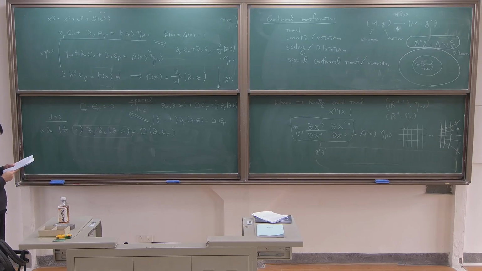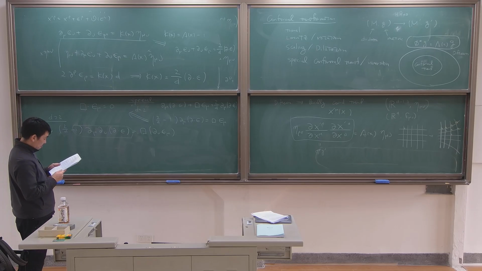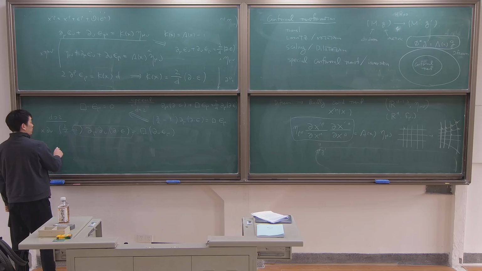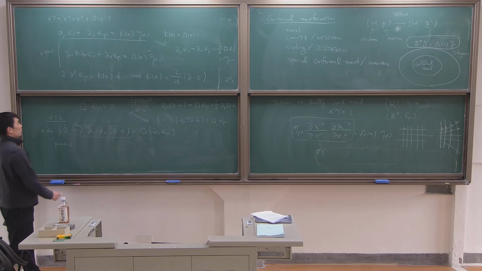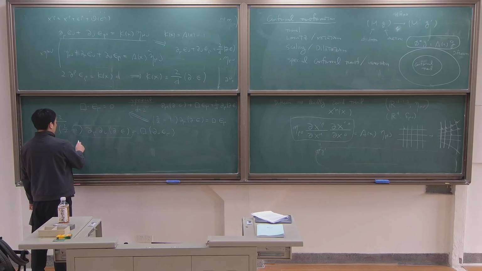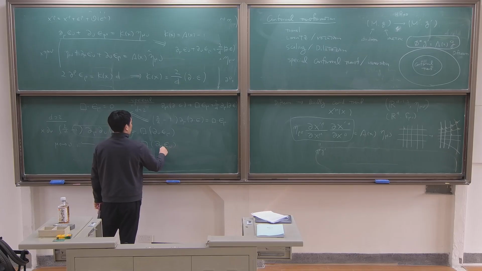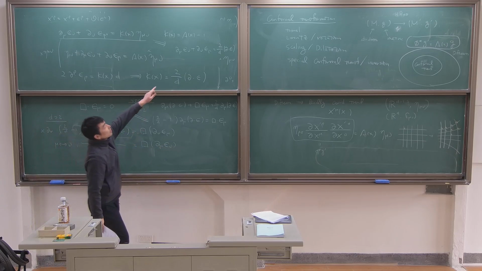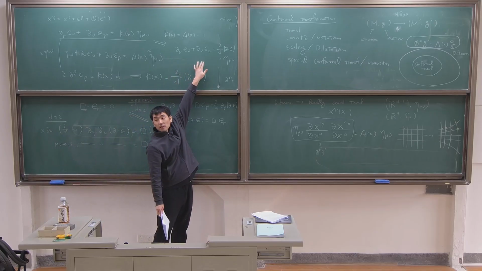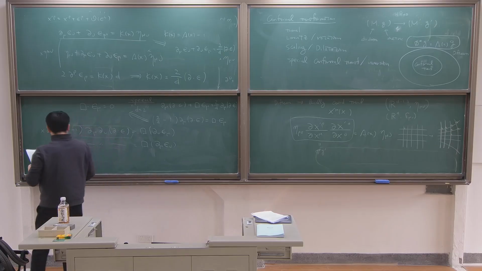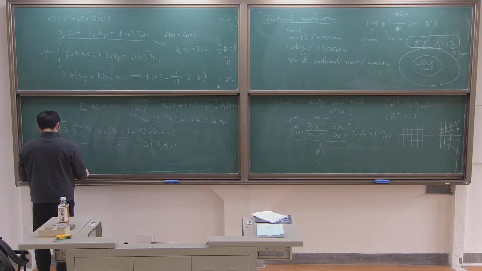Fine. So then you just interchange mu and nu. If you interchange mu and nu, what you get is the same piece. So the left hand side does not change, but here you have delta mu, epsilon mu. If you add them up, we can use this identity. Then that will give you the following thing.